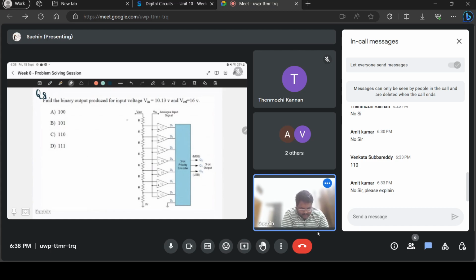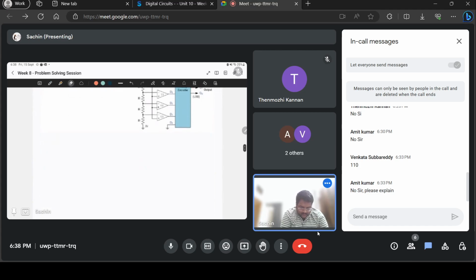So it's a voltage divider circuit. V by 8 volts will drop across each of the resistors. So here Vref is 16 volts, and there are 8 resistors in series. The R equivalent is 8R.